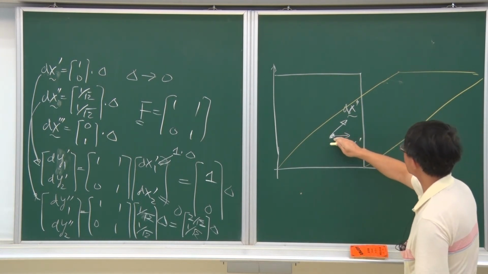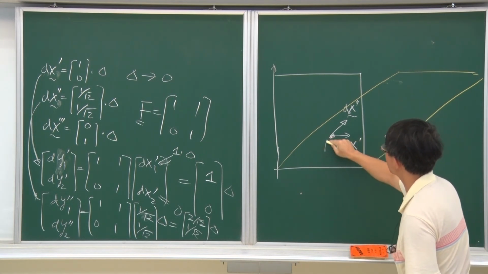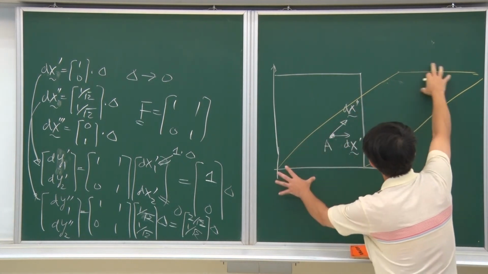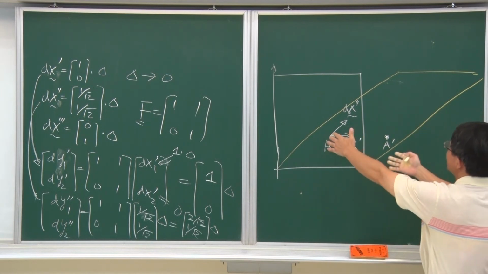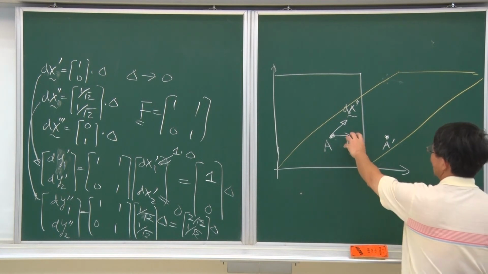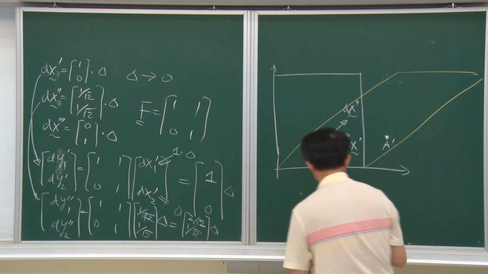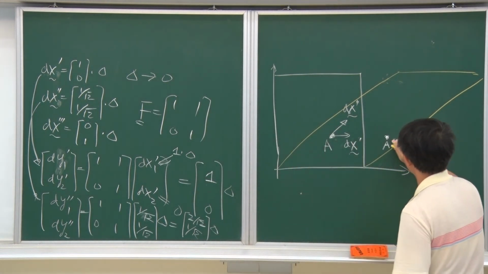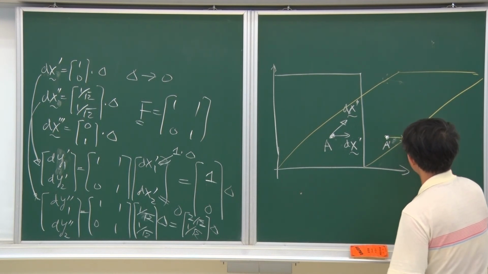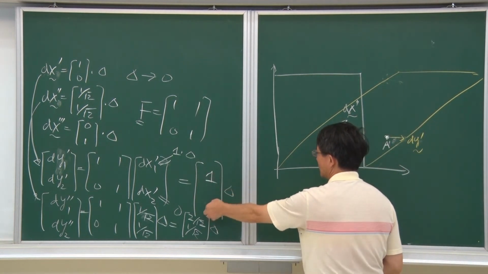So this point A will become here, A prime, in the new configuration. 在一个新的变形里面呢，它就在 A prime。This point will be deformed into here. As our understanding, it is still in the horizontal direction, according to this result, because of (1, 0) here.